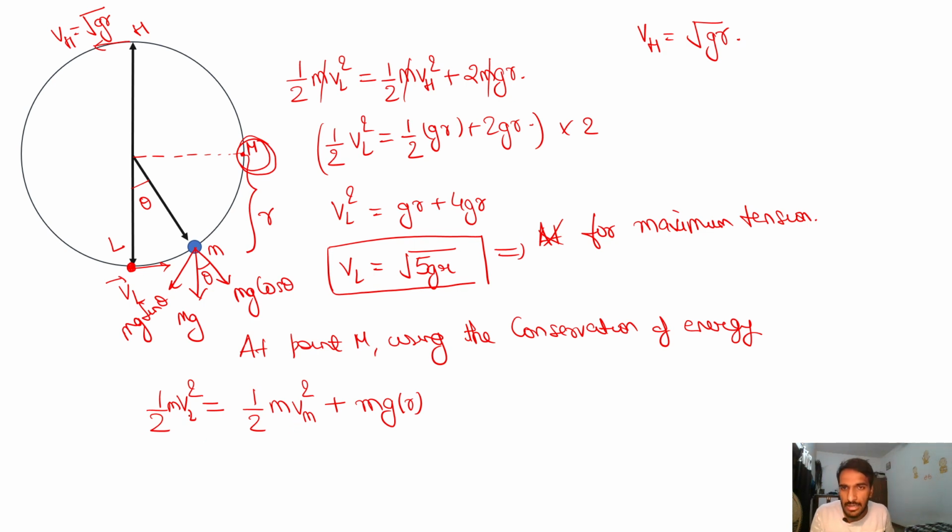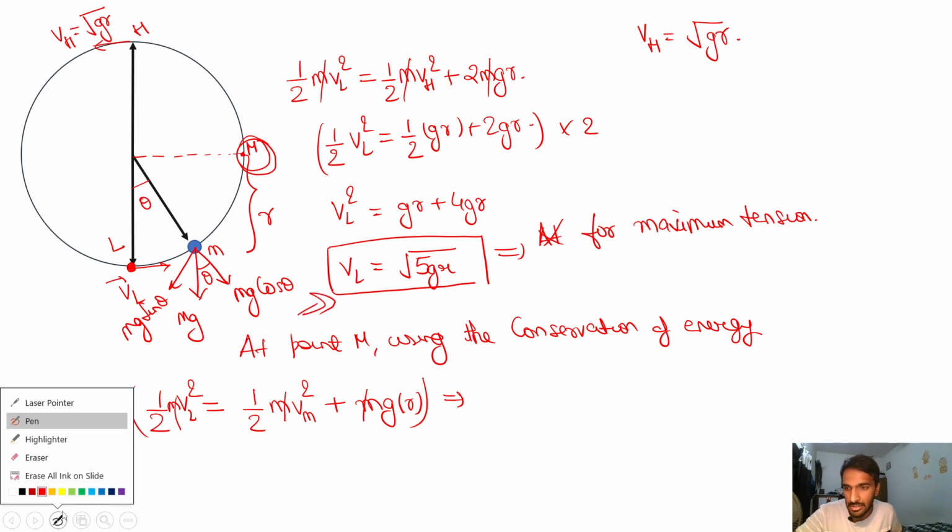So we know vL square is 5gr, we'll just substitute, we'll cancel out m. I will solve it here only. Let's say I will multiply the whole equation by 2.